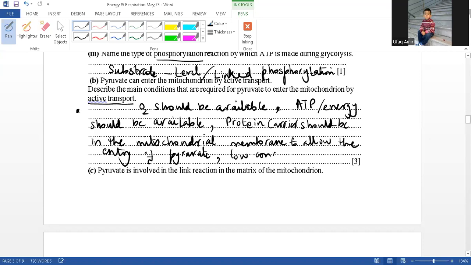So low concentration of pyruvate outside the mitochondria is fine, so that it is actively transported into the mitochondria.